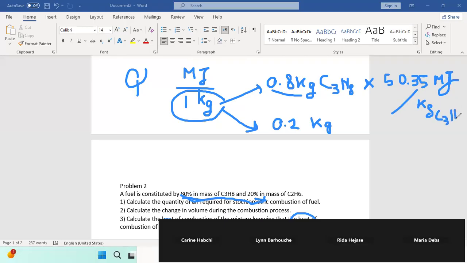I should add to this the energy released, so plus the energy released from 0.2 kilogram of C2H6. So to get this energy, I multiply it by the energy released by 1 kilogram, which is 51.9 megajoule per kilogram of C2H6.